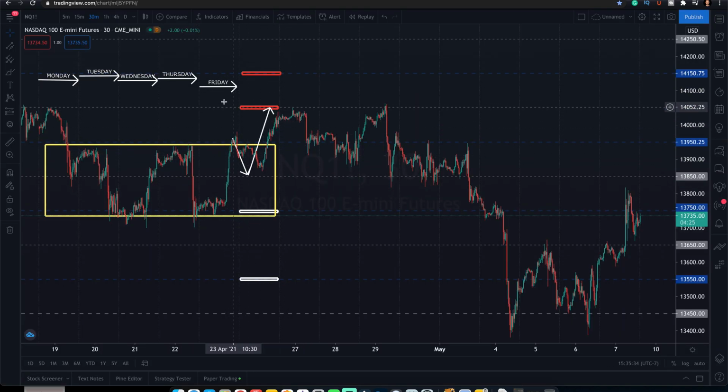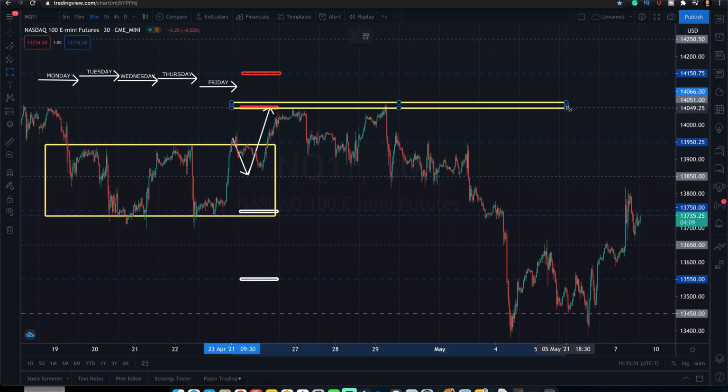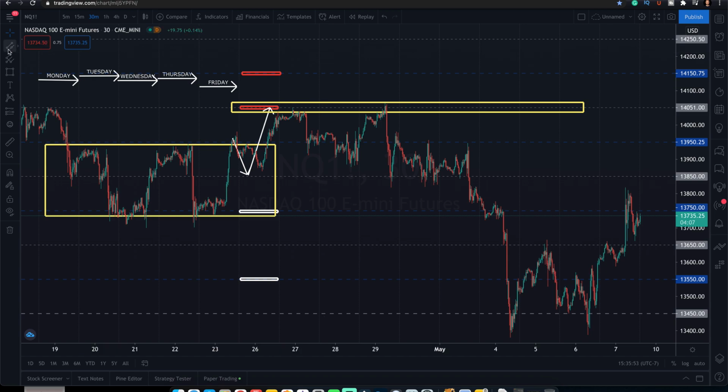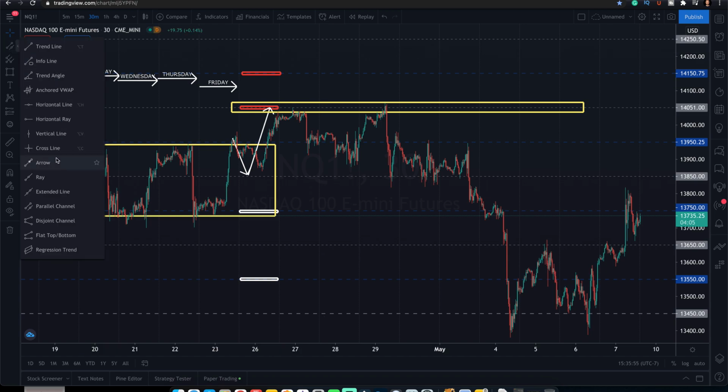I made this video on, I believe, Sunday or Friday, and we were expecting some kind of a pullback and then continuation to this level. As you can see, that level actually was the exact top, and then we just sold off from there.